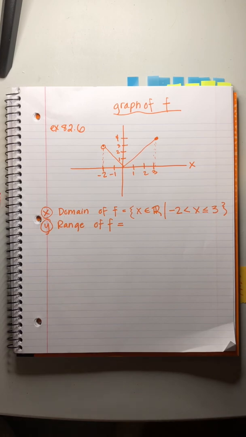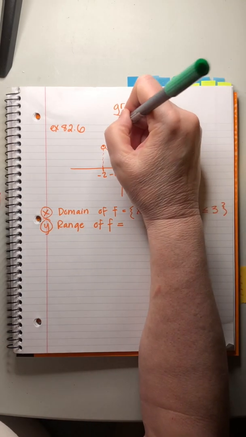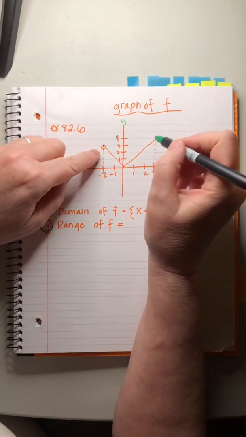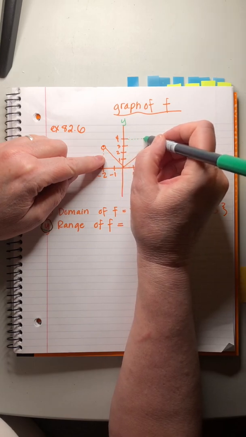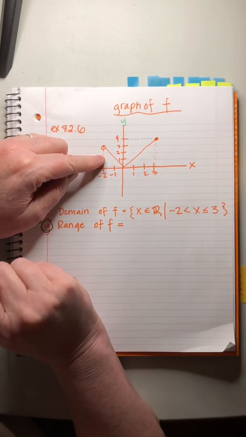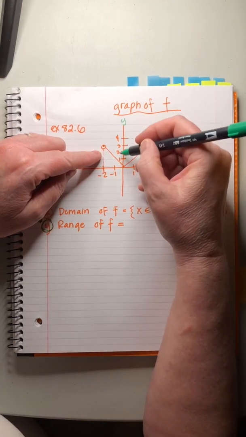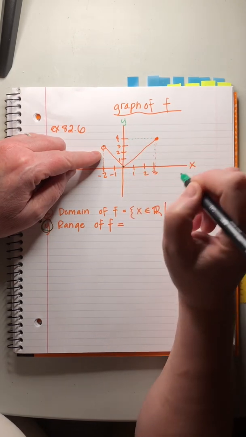The hardest part of range is we have to flip our brains, and now we're looking at the y-axis, right? Because range is about y. And so we do the very same thing. What's the highest point that this function hits on the y-axis? Right there, right? This is lower. This is at 3, right? Because we're comparing it to this scale now. Just changing your perspective is the hardest part. And then it goes all the way down here to 0.